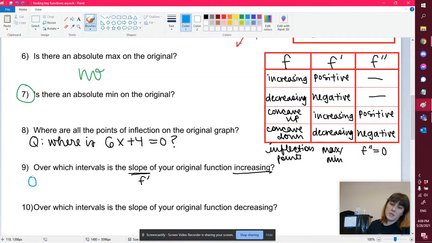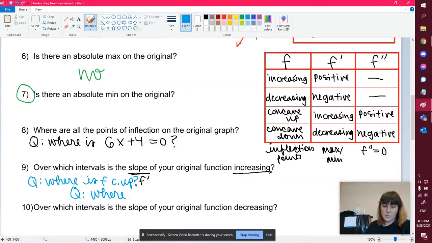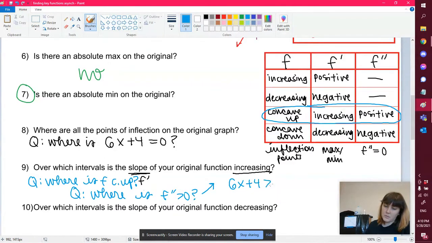And that means we can either change this question to where is f concave up, which to be honest is still a hard question, or we can change this question to where is, again, increasing, where is f double prime positive? Which means where is 6x plus 4 bigger than 0? And this is now something we can solve and write in interval form.